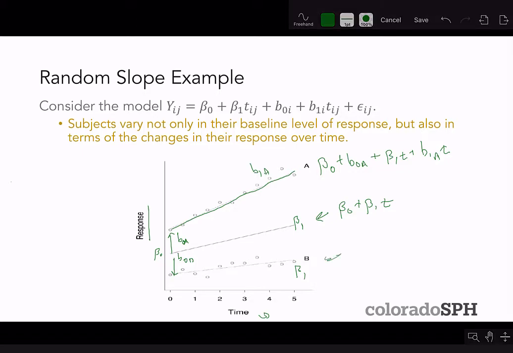And for this line, it's similar to what we did for subject A, where the population average, beta 0 plus beta 1 t, plus their subject-specific effects is what gives us their regression line. So subjects vary not only in their baseline level of response, but also in terms of the change in their response over time.